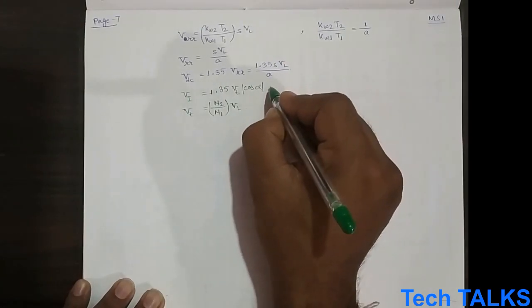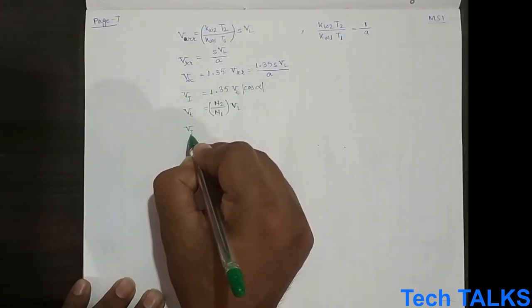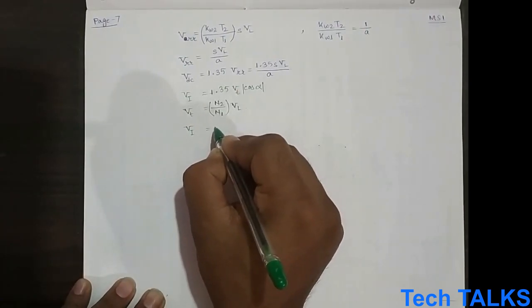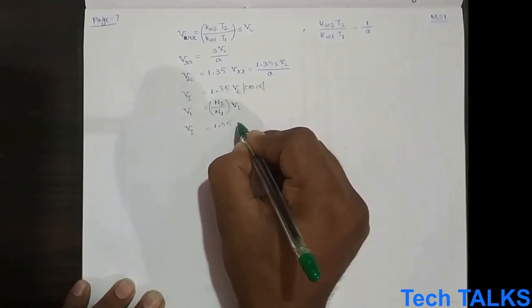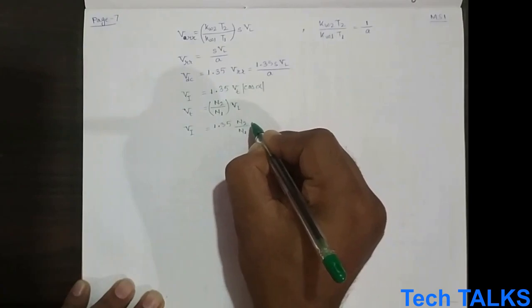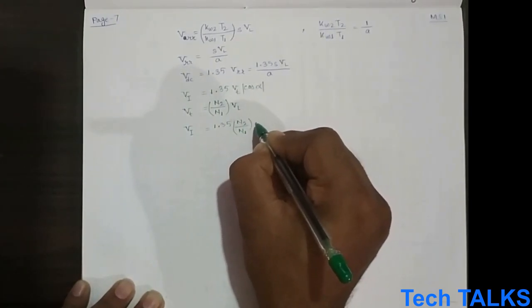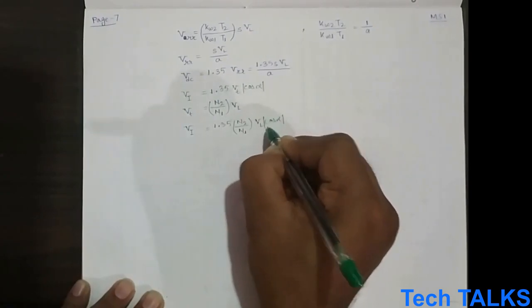So VI now becomes 1.35 N2 by N1 VL cos alpha.